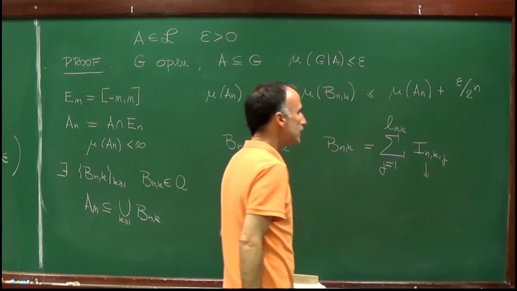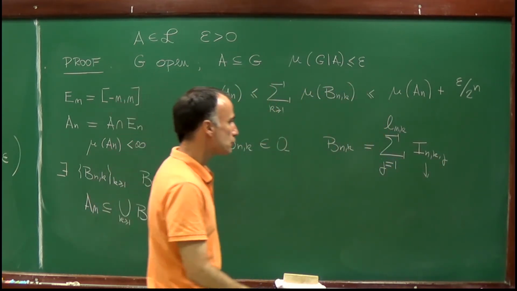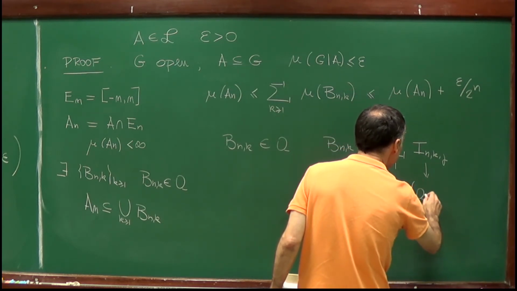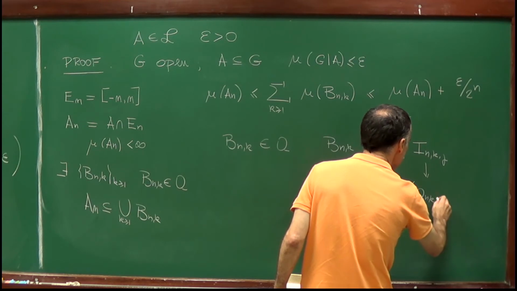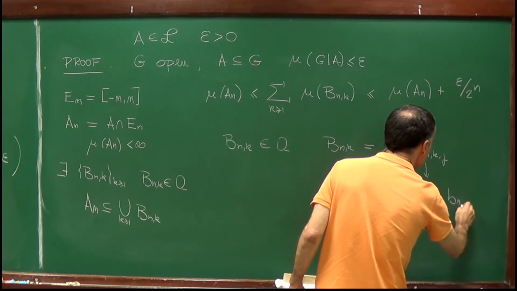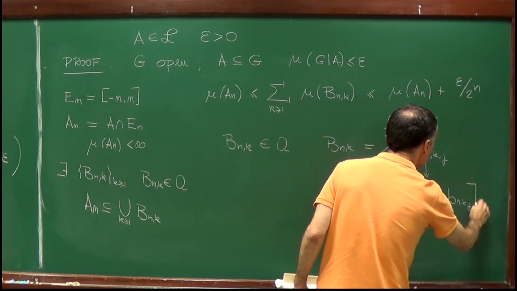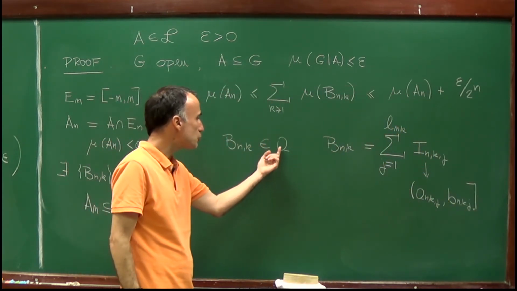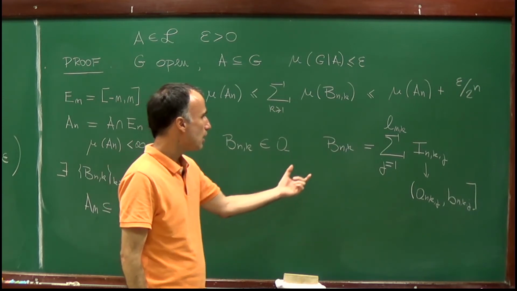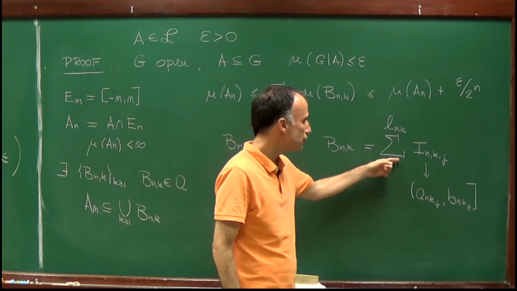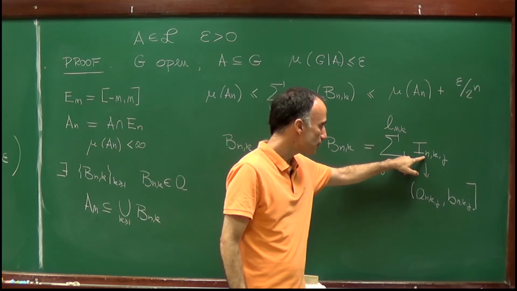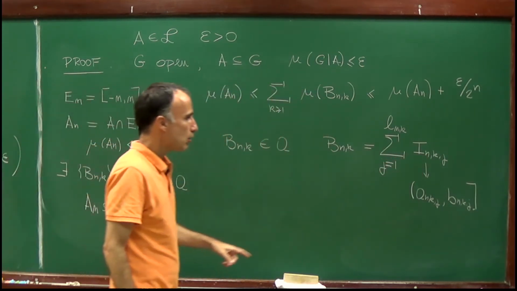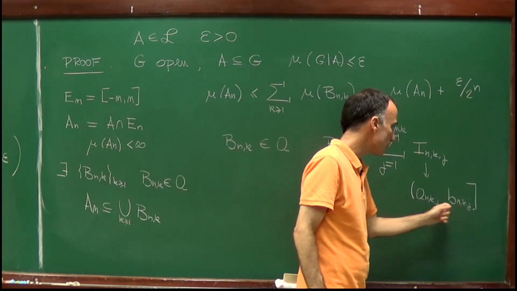These are bounded intervals, so they are all of the form a_{n,k,j}, b_{n,k,j}. This is by definition, because the elements of the algebra are formed by finite unions of elements of the semi-algebra, and the bounded elements of the semi-algebra are all intervals of this type.